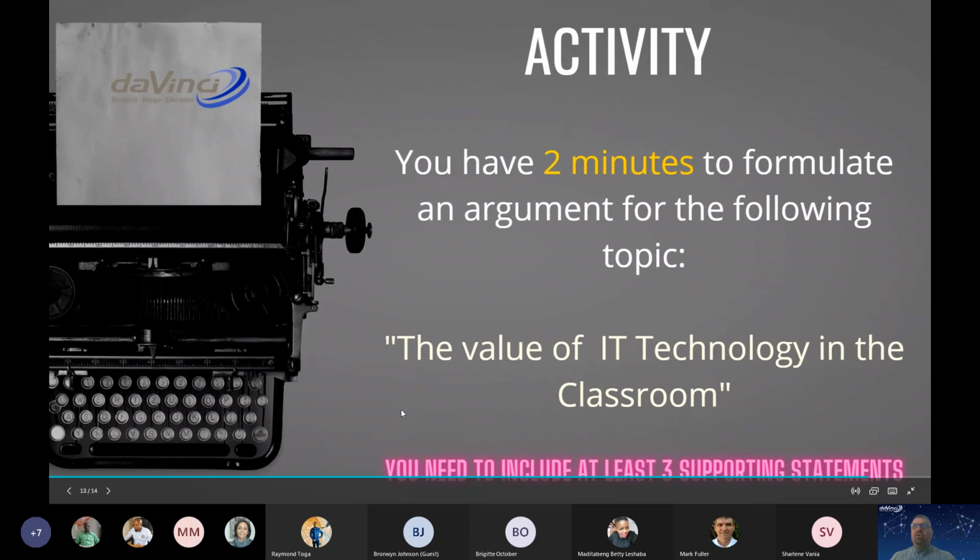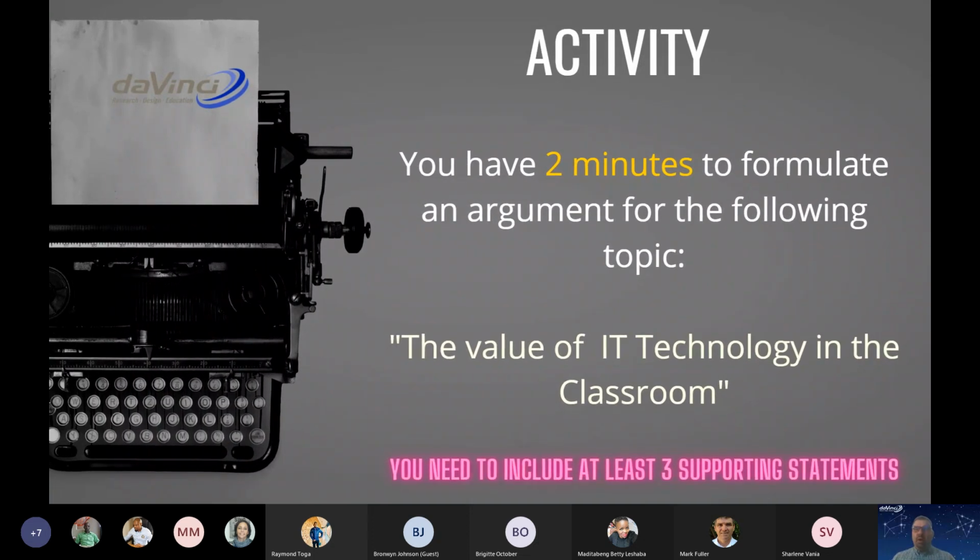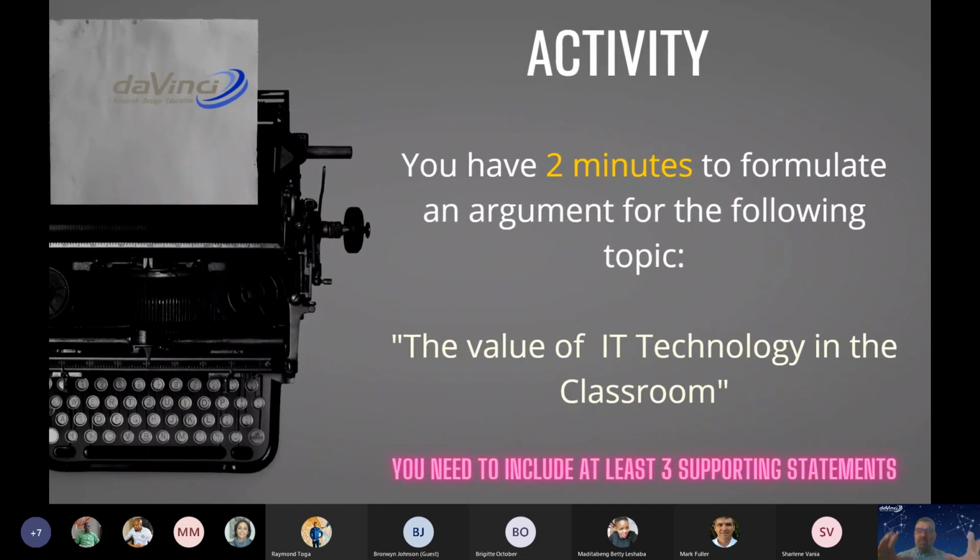All right, so you have 2 minutes to formulate an argument. Remember what we said the different components of your argument are. So we want to see your statement. We want to see the main reasons for making that statement. And we want to see that you've at least thought about the counter argument to your argument. So the topic is the value of IT technology in the classroom. I thought I'd pick something that everybody is mostly familiar with.